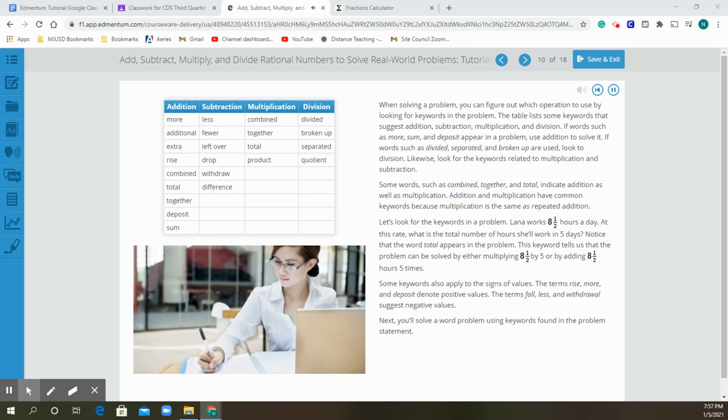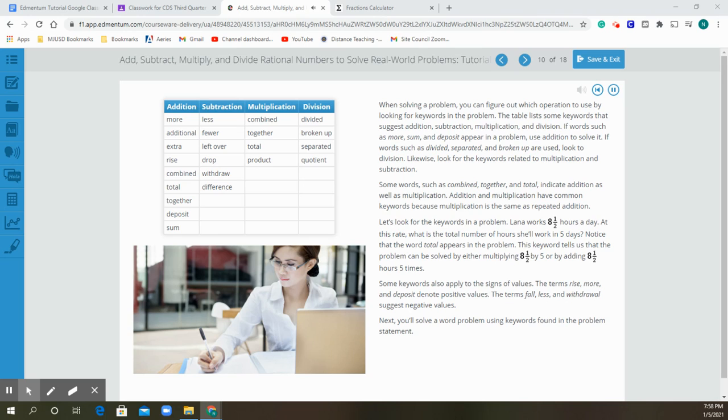If words such as divided, separated, and broken up are used, look to division. Likewise, look for the keywords related to multiplication and subtraction. Some words such as combined, together, and total indicate addition as well as multiplication. Addition and multiplication have common keywords because multiplication is the same as repeated addition.